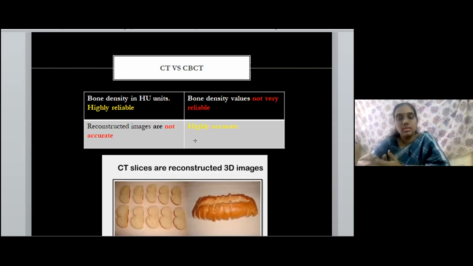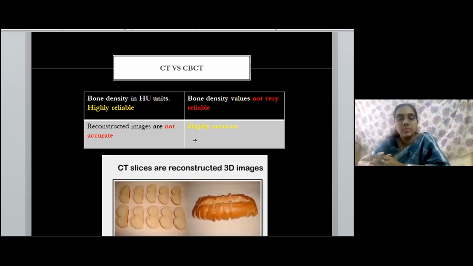So bone density is not that reliable in CBCT, but reconstructed images are precise. Whatever reconstruction is made, whether axial or cross-sectional view, everything is precise. Not only the primary image, all the reconstruction is precise, and it is exactly a replica of the facial structures which the patient has.